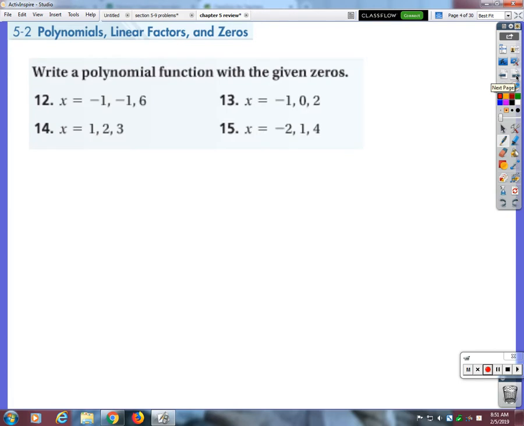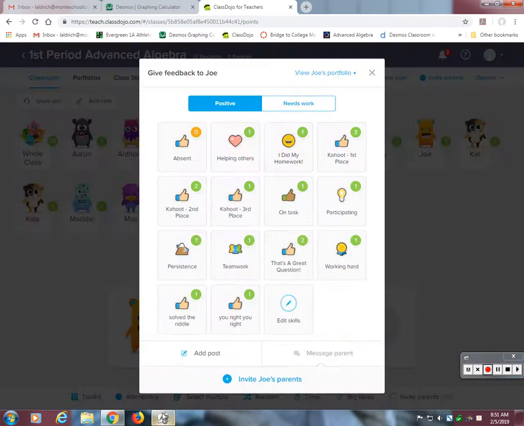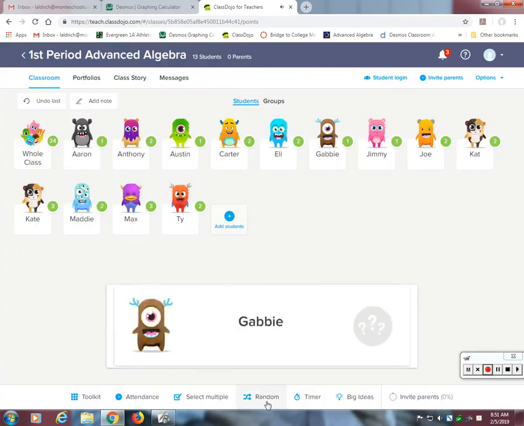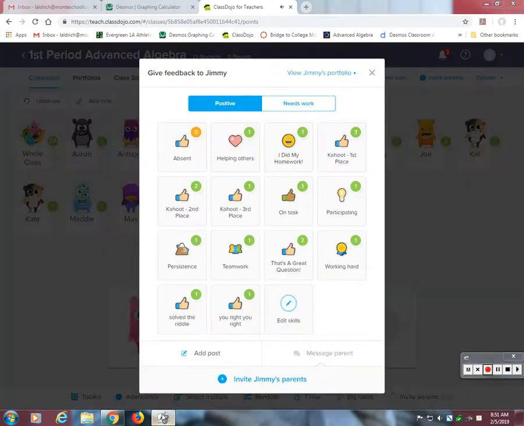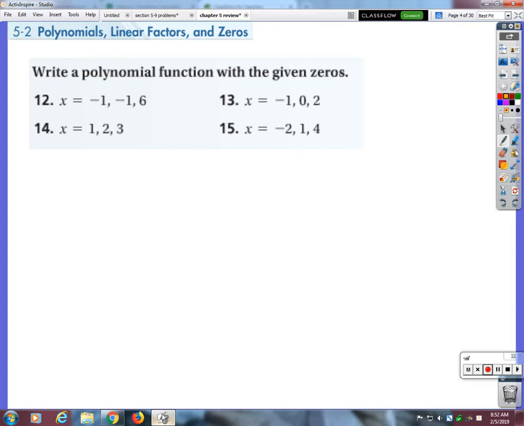All right, then we talked about factoring and zeros and whatnot. So if you start with the zeros and you are supposed to write a polynomial function, these could not be any easier. Jimmy, if you know that -1, -1, and 6 are zeros, what's the polynomial?